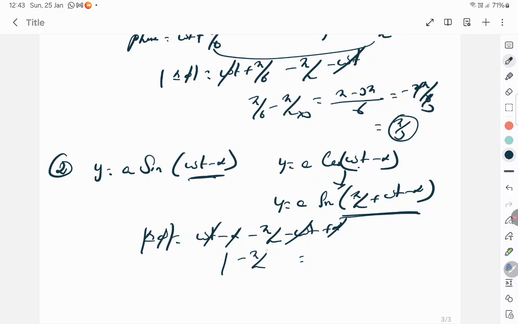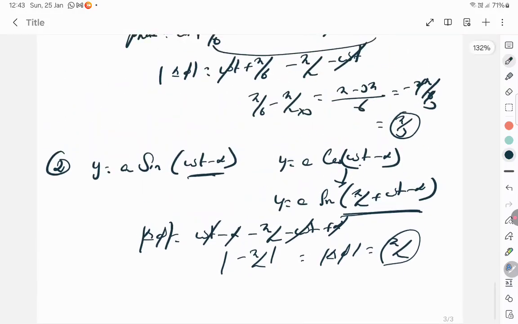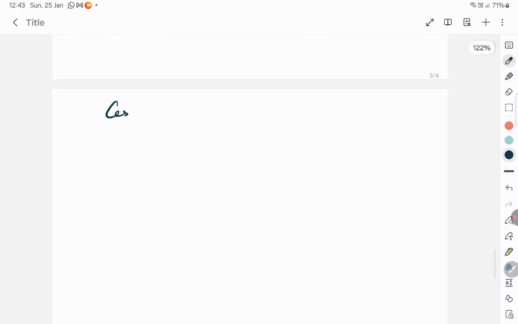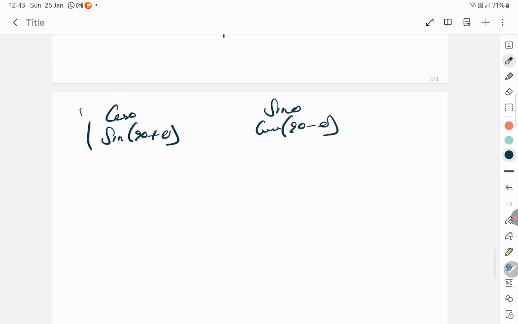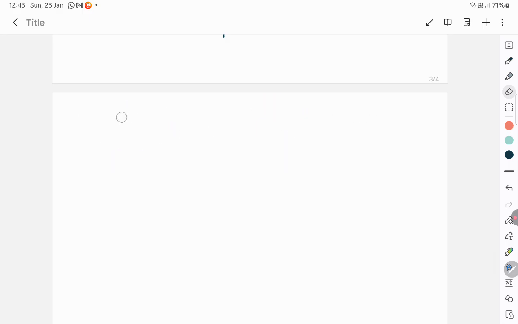The phase difference they are asking is the magnitude of it, which is pi by 2. I hope you understood. Whenever you convert a cos theta into a sin theta, you can write it as sin 90 plus theta. But whenever you convert a sin theta into cos theta, you should write cos 90 minus theta. I hope you are very clear with this, without which we cannot proceed.